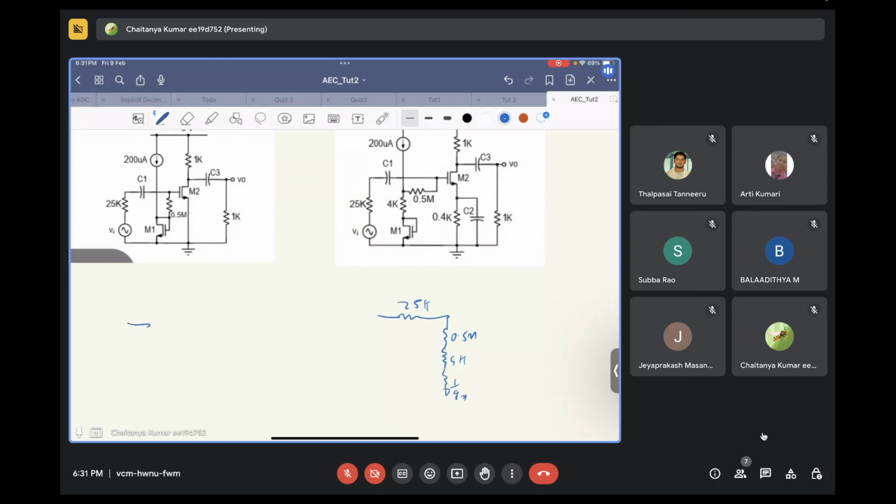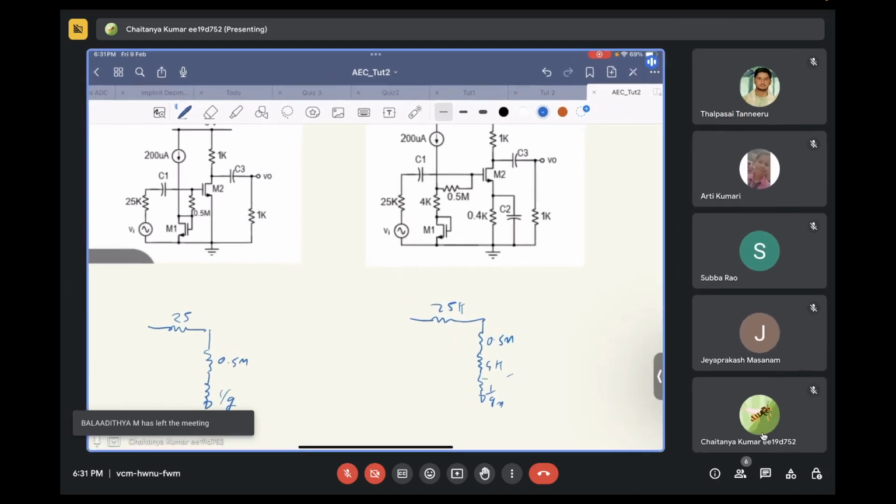In the other case, 25k, then 0.5 mega ohms, then 1 by gm. This 4k is very small compared to 0.5 mega ohm and 1 by gm, so this circuit won't make much of a difference.